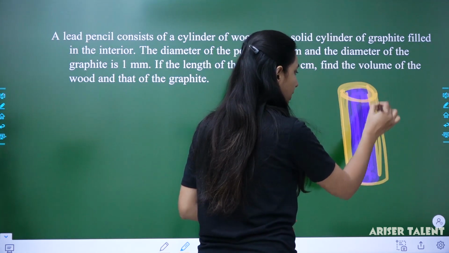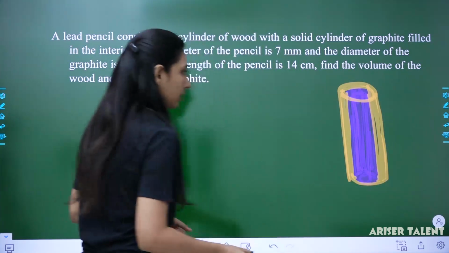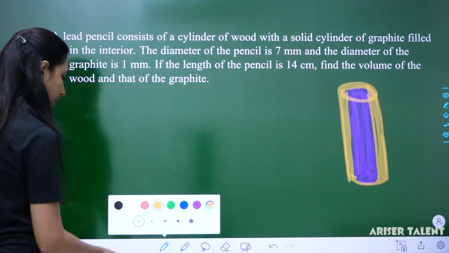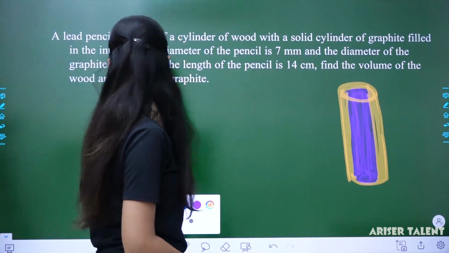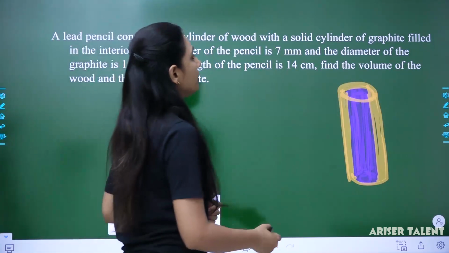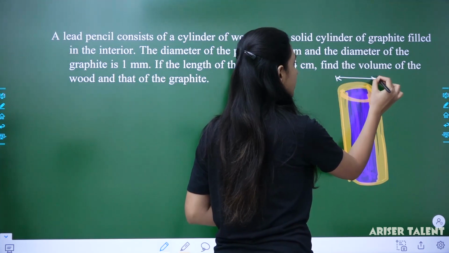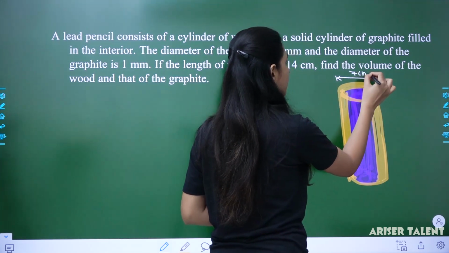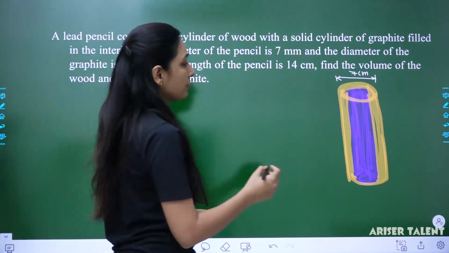Okay. Now we are given some dimensions here. Now what are the dimensions? Take a look at that also. Lead pencil standard, we are having the diameter of the pencil equals to 7 centimeter. Diameter of complete pencil is equals to 7 centimeters. Okay. And the diameter of graphite is 1 mm.